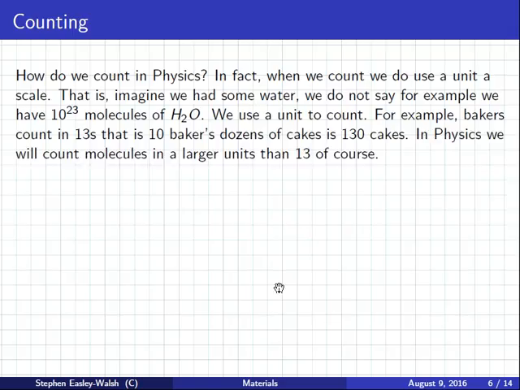In physics, we don't count in units of 13 because that's too small of a unit, because we're usually counting big things, you know, number of atoms, number of stars, they're all big values. So we use something you would have seen in chemistry, called Avogadro's constant. So we count in units of these constants.